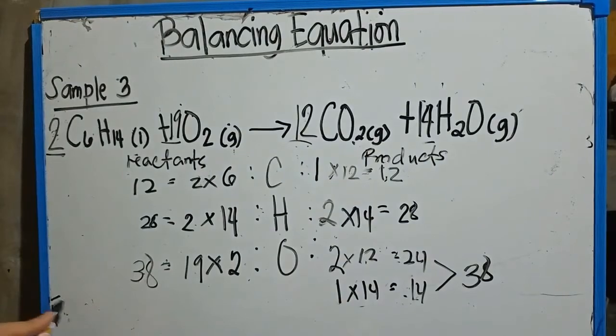So, for our final answer, we have 2, C6H14 liquid plus 19 oxygen gas yields to 12 CO2 gas plus 14 H2O.